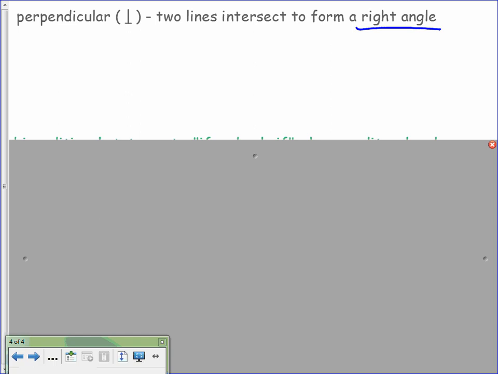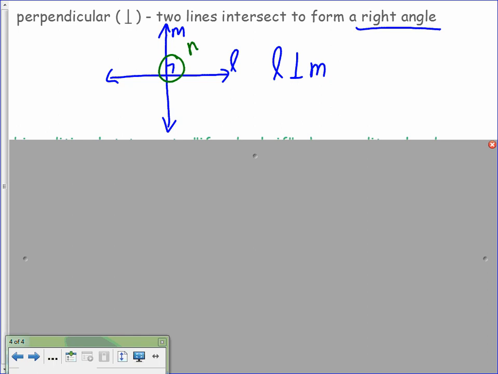So we have line L and line M. We would say that L is perpendicular to M, and we know they're perpendicular if the box is drawn. You need the box to show that it's a right angle. Remember, we cannot assume the right angle, so you cannot say it's perpendicular unless the box is drawn.